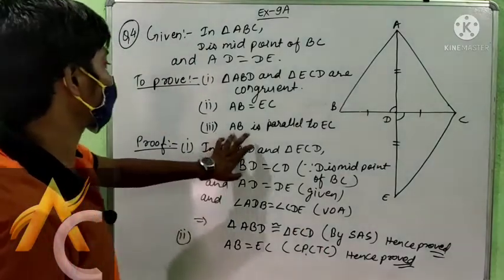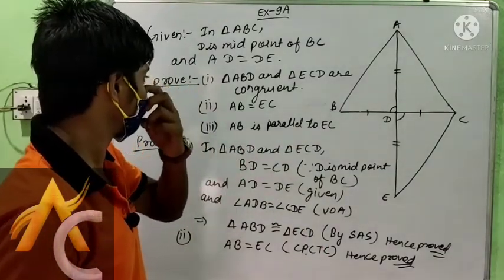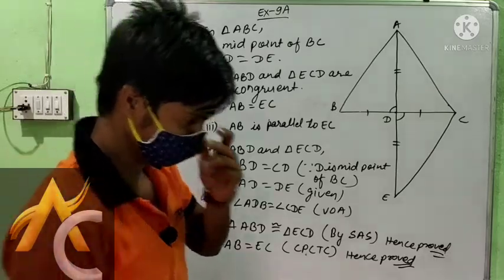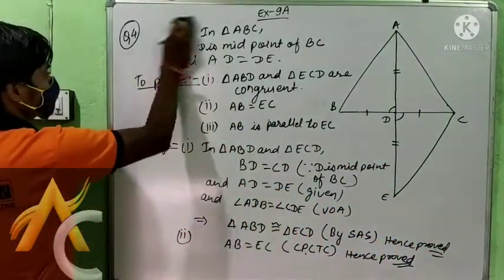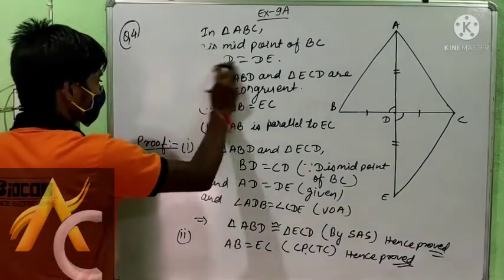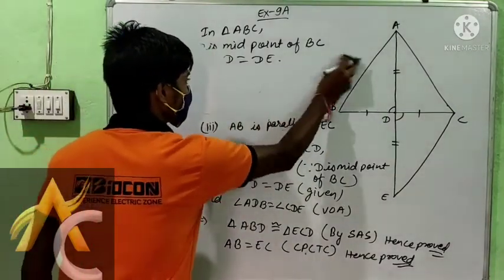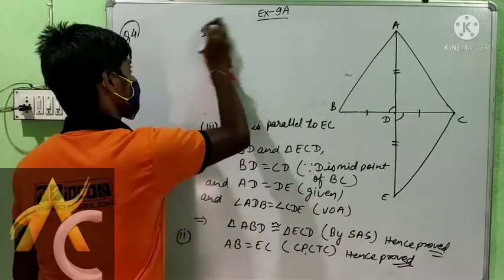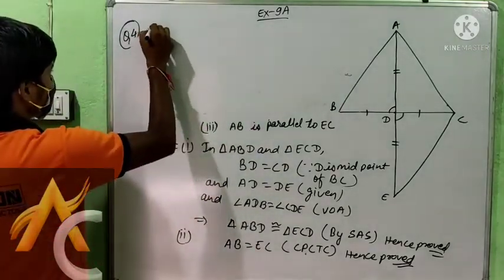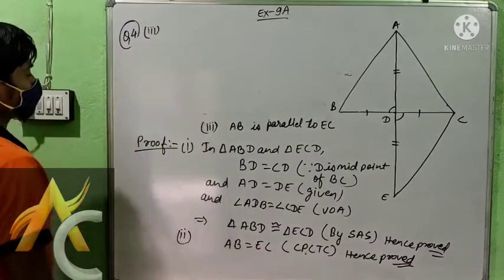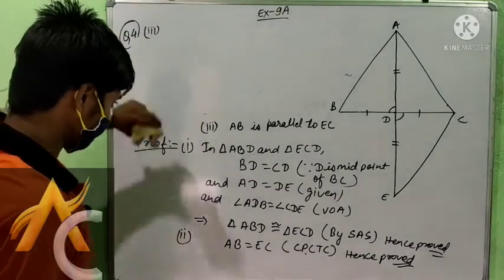Also we have to prove that AB is parallel to EC. So we are going to prove it here.